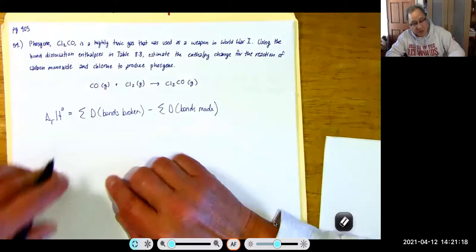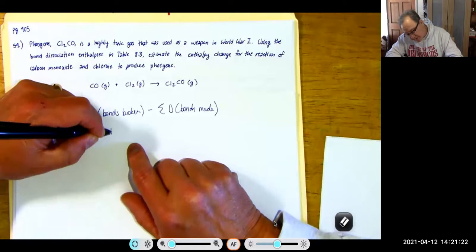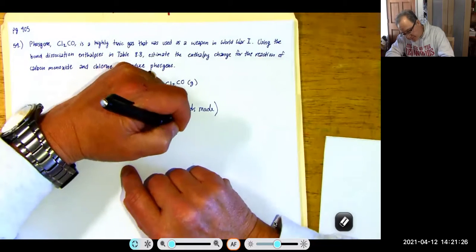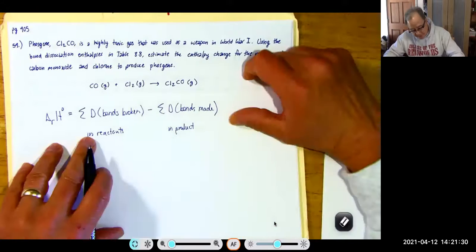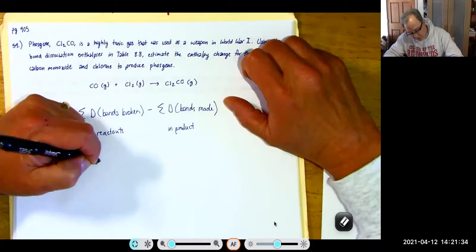And when we say bonds broken, that would be in the reactants, right? And bonds made would be in the products. So that's a really good start to this problem. The next thing we do is probably draw out the Lewis structures.